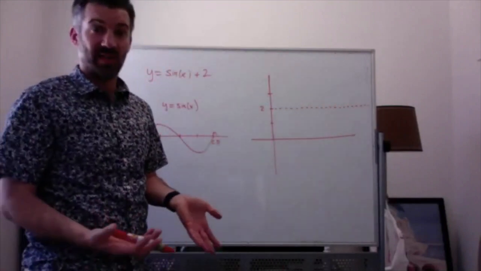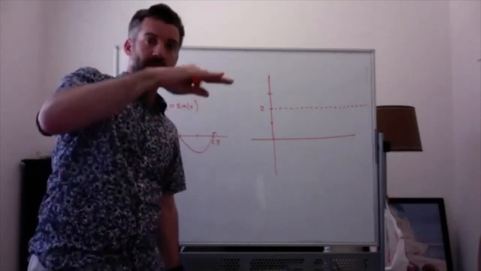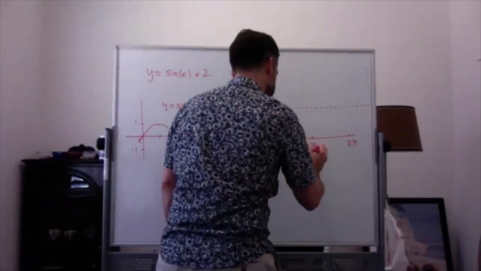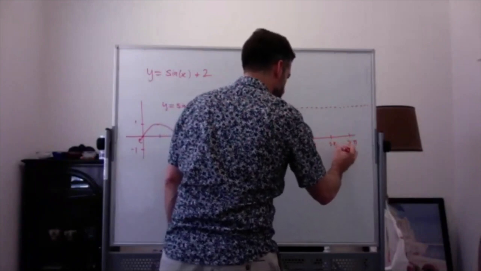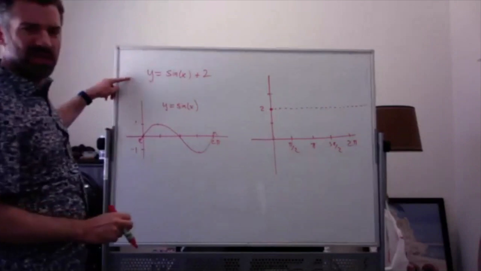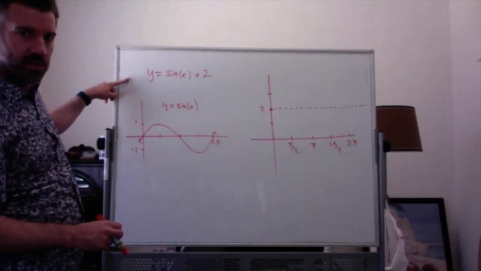And then sine's just going to do the same thing it usually does. It's going to go middle, high, middle, low, middle. So now the middle is 2. What's the amplitude? 1. Yeah, thank you.